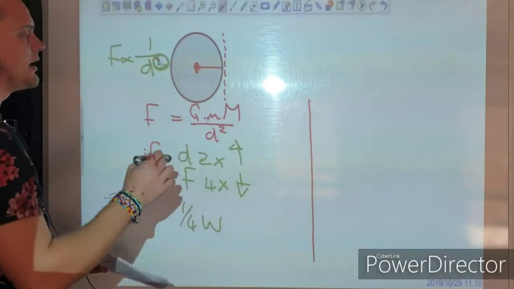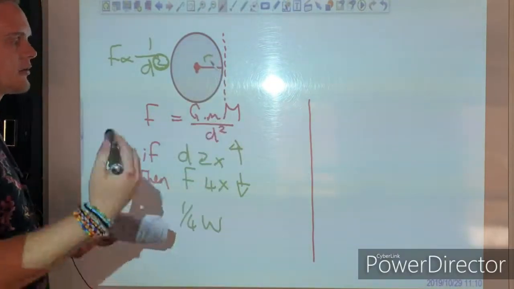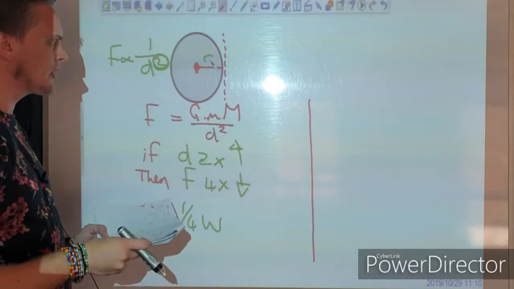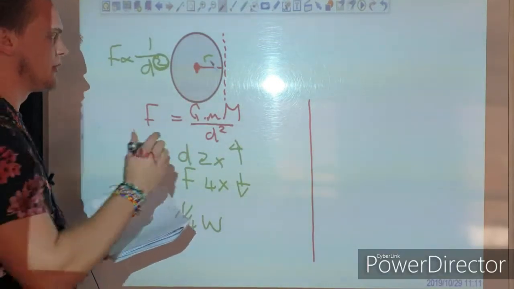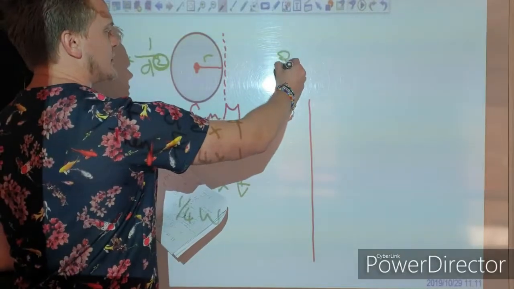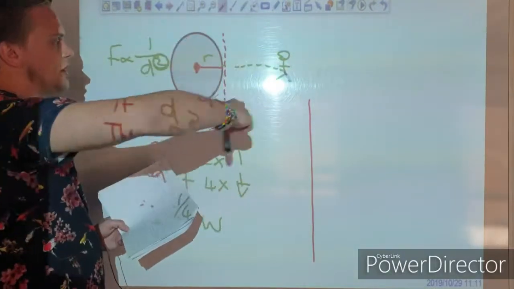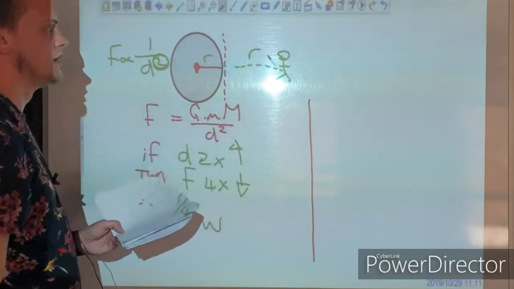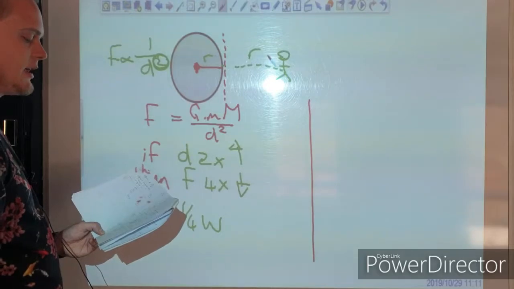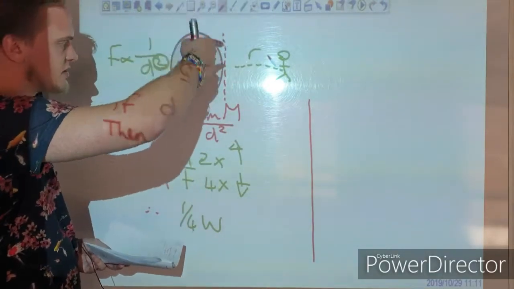But they already gave us that the radius of the Earth is given as r or d, doesn't matter. So the satellite, I'm just going to draw a stick figure, is orbiting the Earth at a distance, and they want to know what is the distance from the surface.